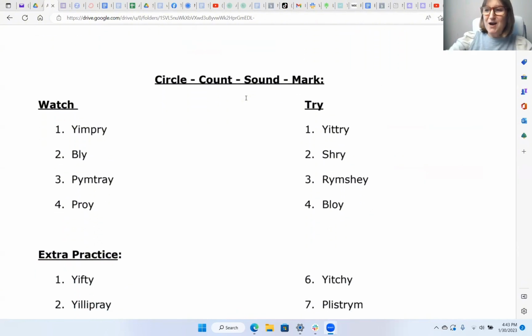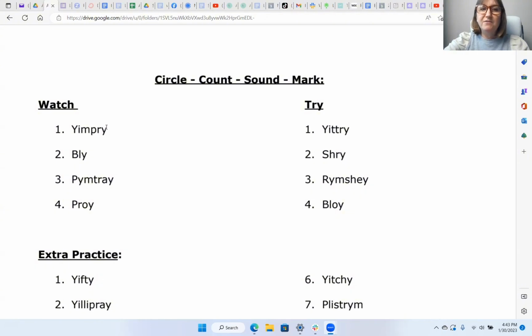So here we go to our Y combination lesson. Y, if it's at the very beginning, as a review, is the only time it says yeah. Y at the beginning is the only time Y is a consonant. Every other time Y falls in a word, it's a vowel.